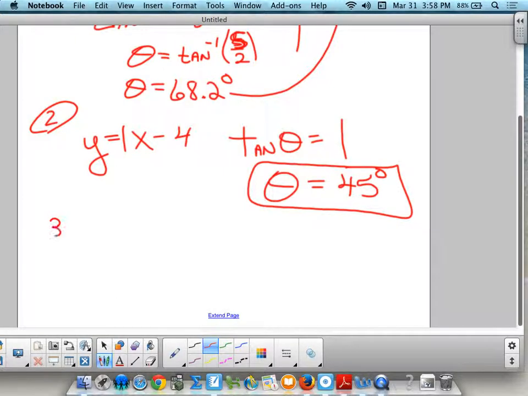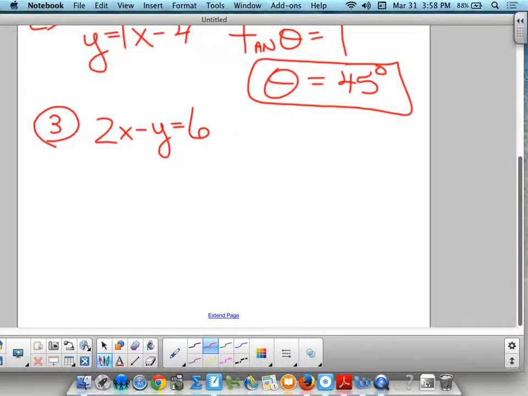Number 3. It's 2x minus y equals 6. Solve for y. I would just push the y to the other side, call it y, bring the 6 over, call it minus 6.